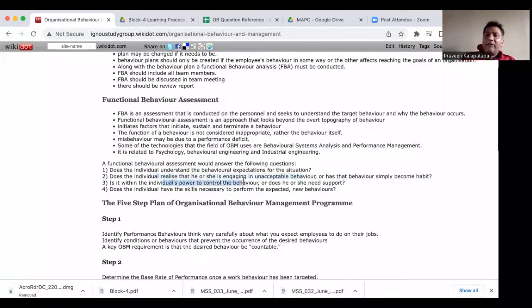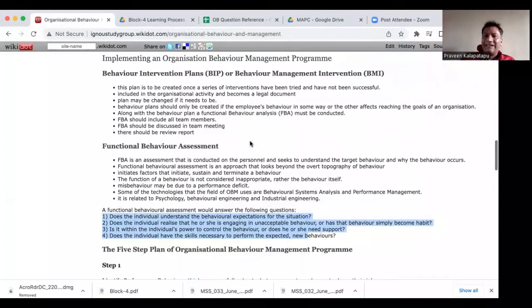Does the individual have power and control over that behavior? Even if he understands, can he actually change it, right? Does he require any support for it? What skills are required here to support them so that they can have that control, right? So these are some of the things that functional behavior assessment tries to find answers about.